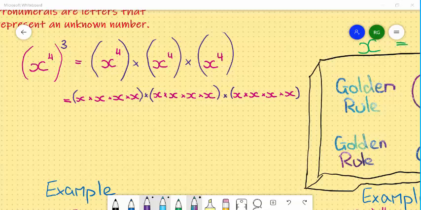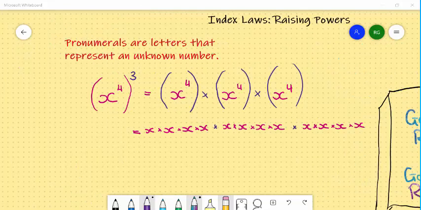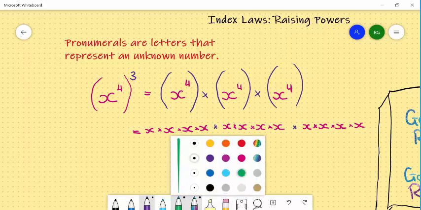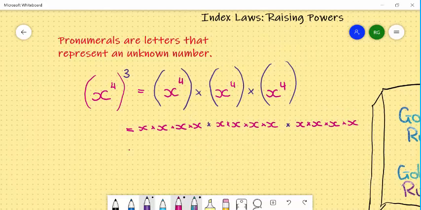Because everything's multiplied, we technically don't need the brackets in there. Now that I've removed the brackets, the number is no different. The difference now is that we actually have 12 of those x's multiplied by one another. So if I'm going to just change the pen back to this color, what we actually have is x to the power of 12.